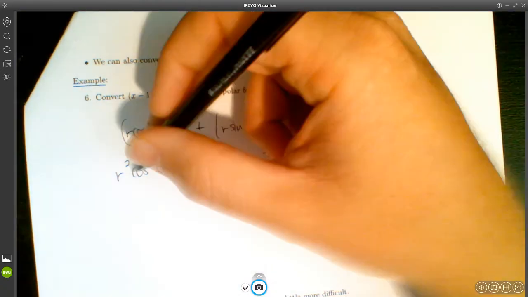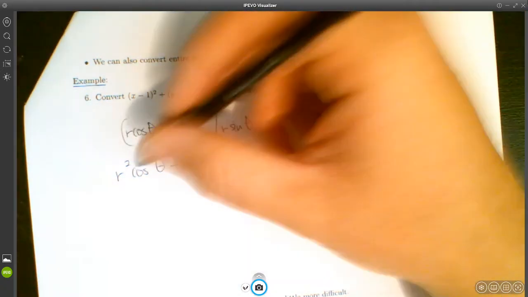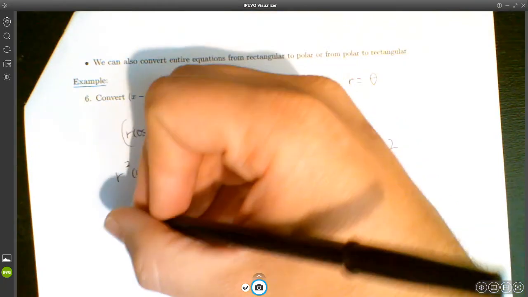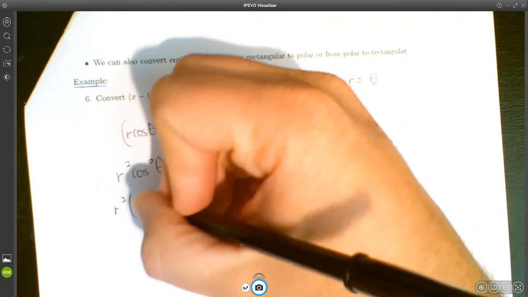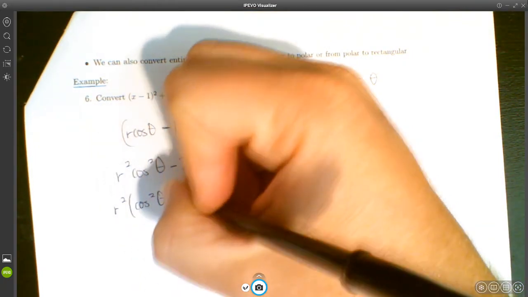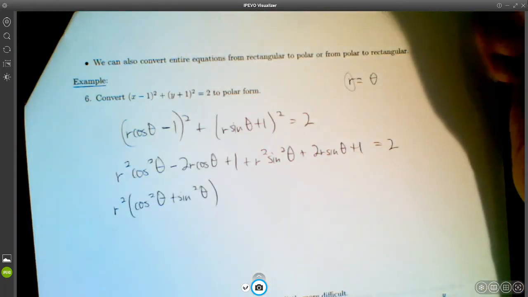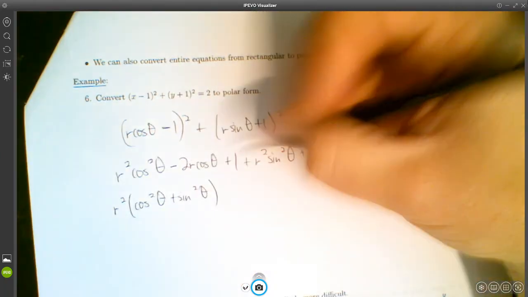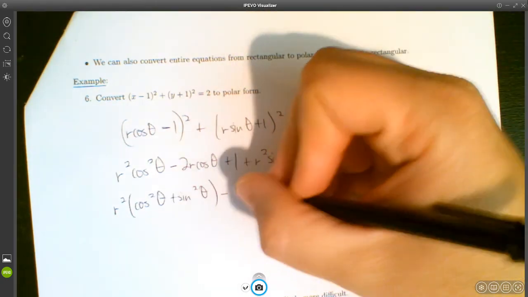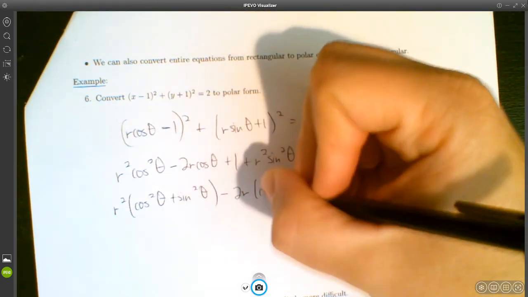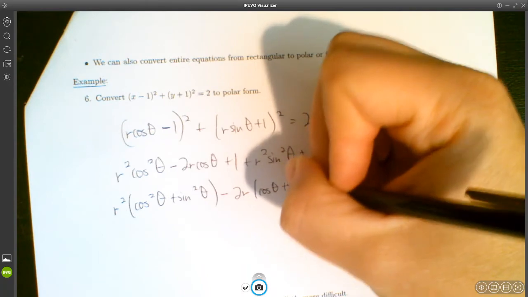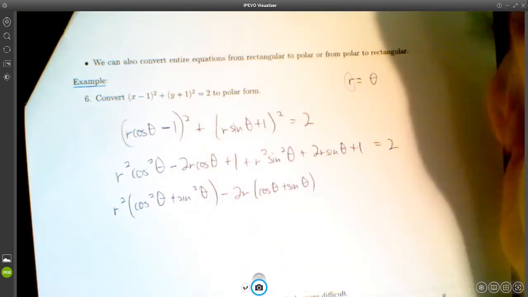First of all, I can put the r squared cosine squared and the r squared sine squared together and factor out the r squared. I can also take out a 2r. I can factor out a 2r, and I'm left with cosine theta plus sine theta. I don't know if that's going to be particularly useful.